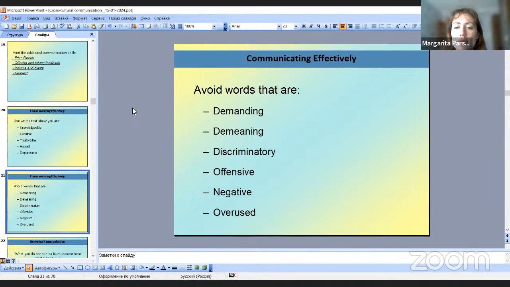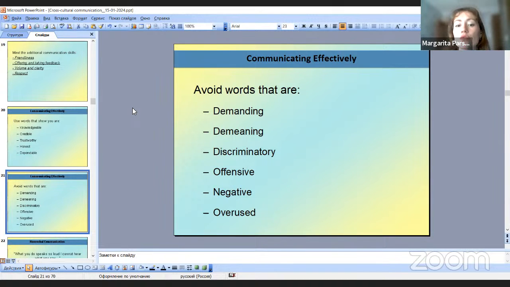If in the process of communication you are demanding, it's not very good. It can change the whole communication process into a conflict. So demanding, demeaning, and discriminatory words, of course, can lead to conflict.